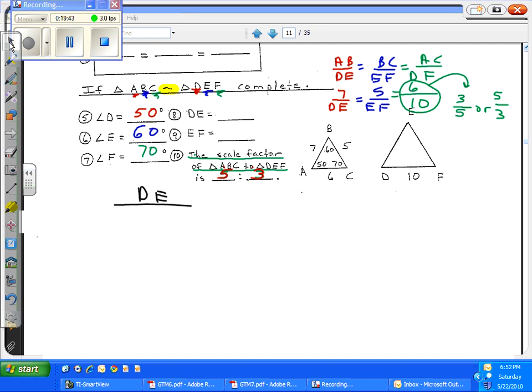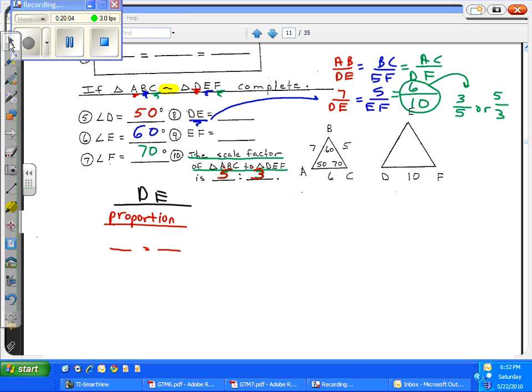If we're going to use a proportion, then as we look for DE, we're going to find the ratio with DE in it.